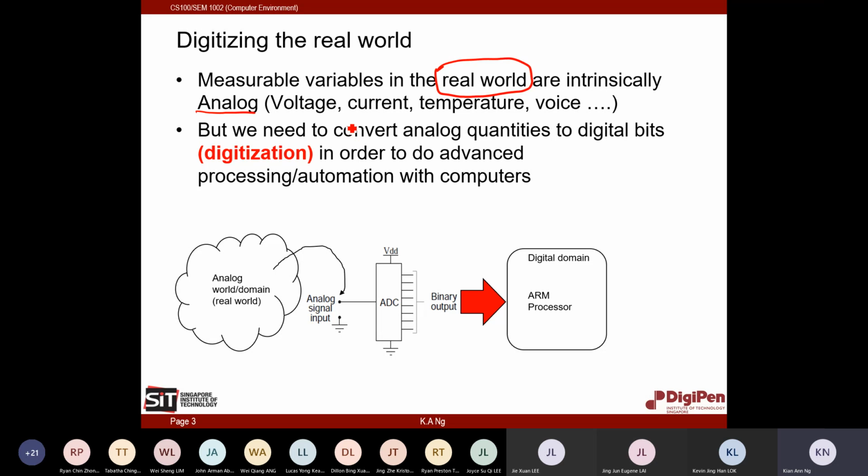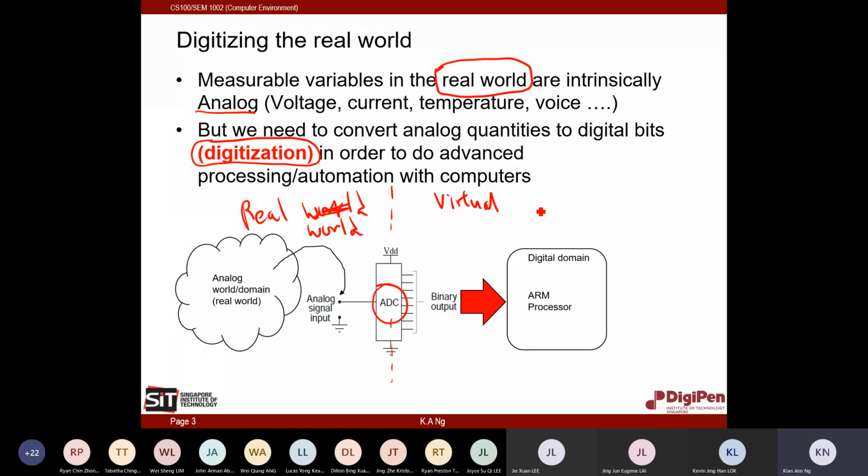But for most of the modern world, we also need to digitize them. We need to digitize our analog world, right? And that's where blocks like A to D conversion comes in. So there is a boundary between the real world, the world that you and I live in, and the virtual world.